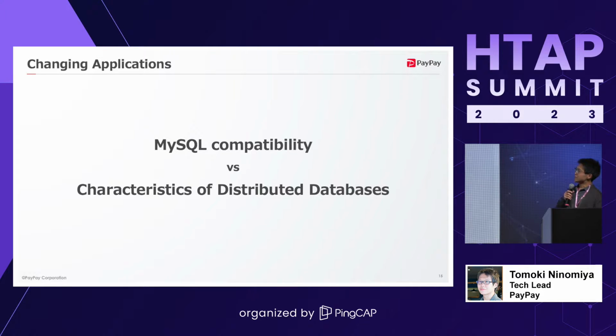So next part is changing the application. As TiDB is designed to support MySQL compatibility, basically we don't have to make huge changes in the application. However, in order to enjoy TiDB fully, we should make application changes for optimization purposes. Let me show you one example.